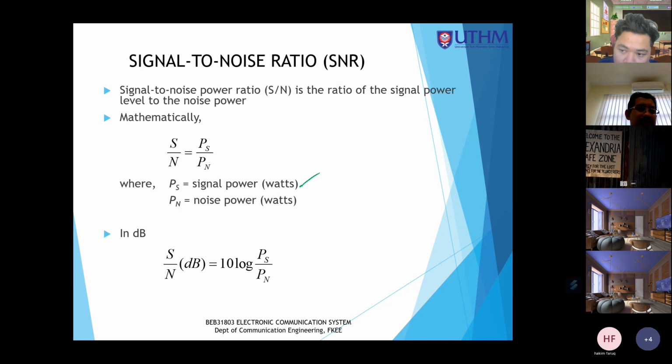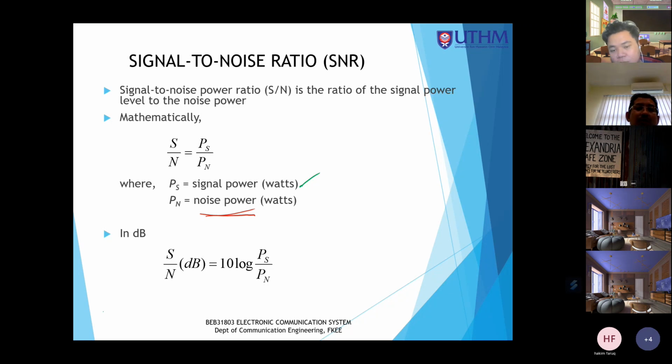Signal power adalah signal yang kita hantar daripada transmitter kepada receiver, that is our signal. And the noise power is the signal that disturbs our transmitted signal. Signal yang mengganggu. So therefore signal to noise ratio is the ratio of signal power over noise power.